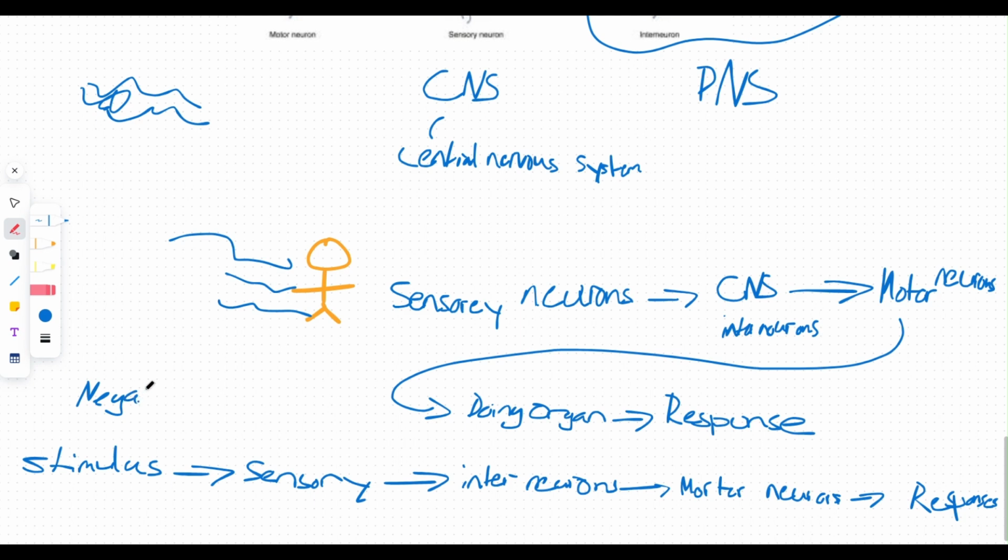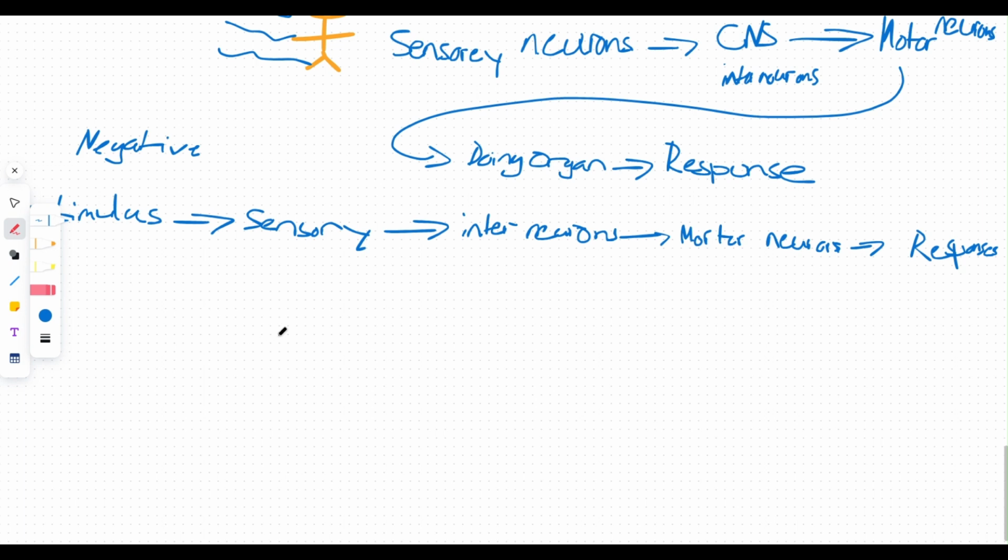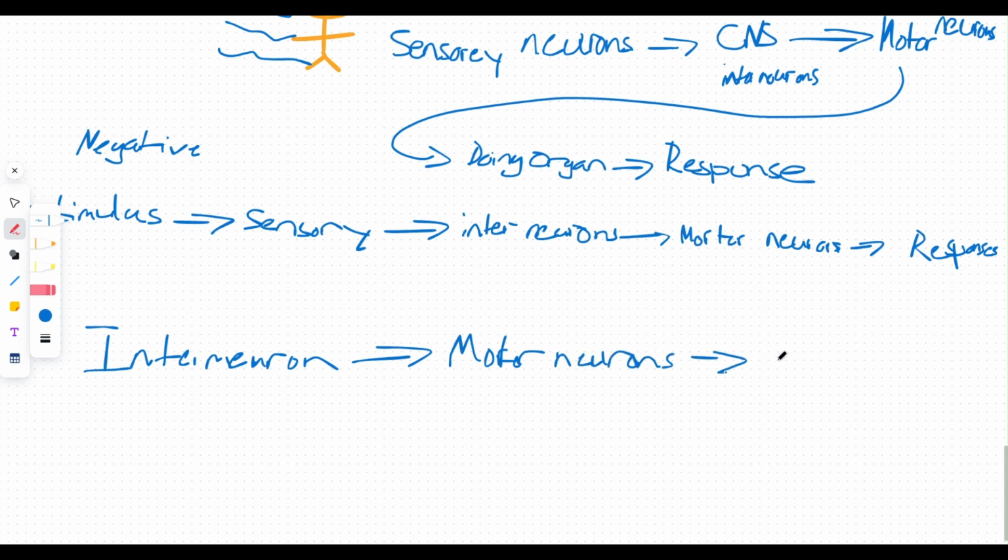For example, if I'm typing, it just goes from the brain to motor neurons, and then my fingers. It skips the sensory part because there's nothing to sense. There's no stimulus. The stimulus is me wanting to type, and that's in your head.